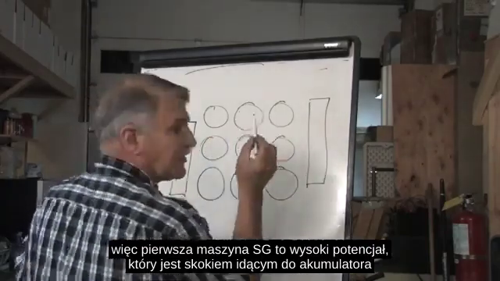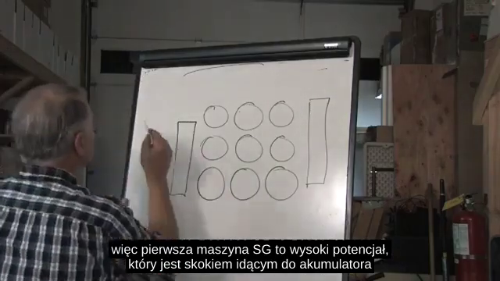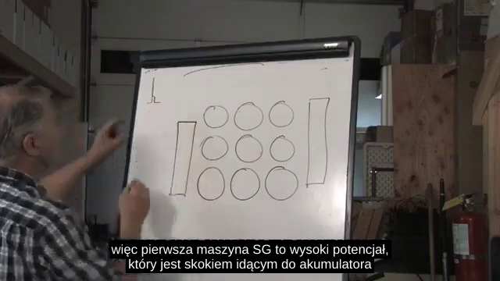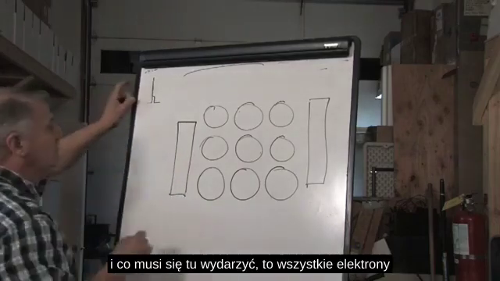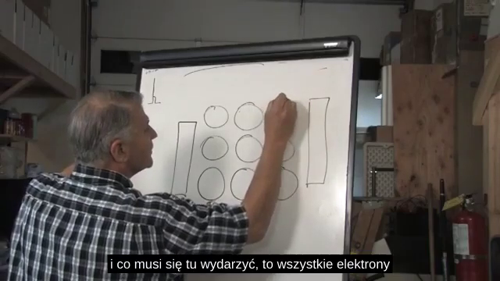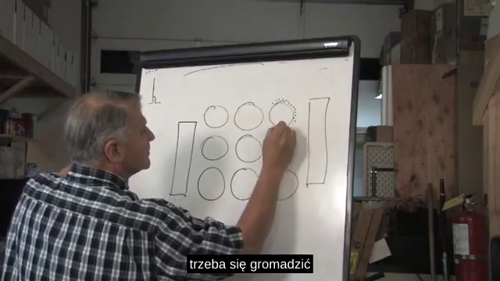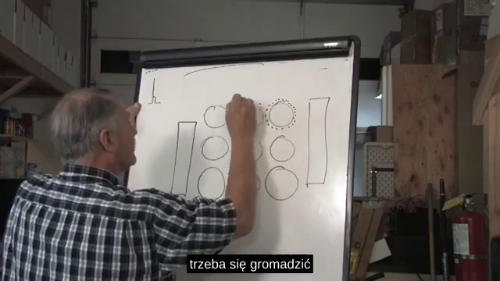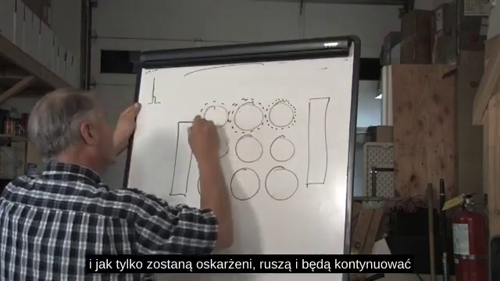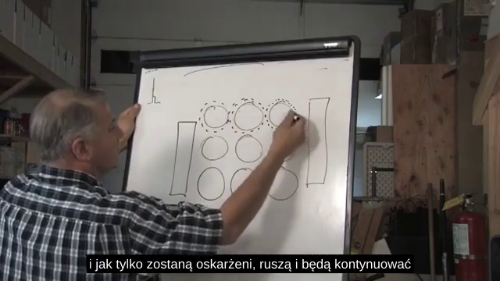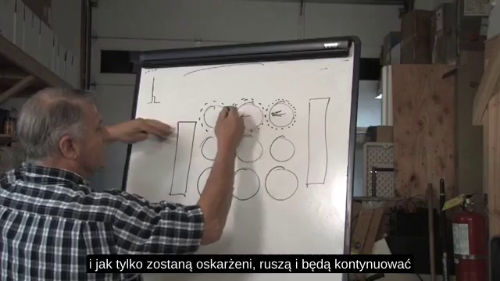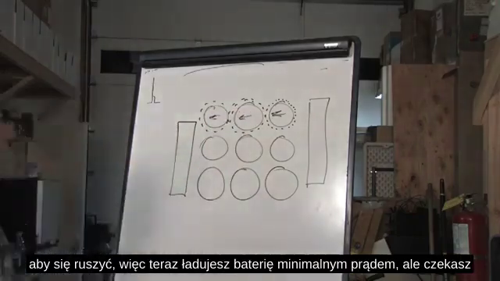So the first SG machine is a high potential, which is a spike going to the battery. And what has to happen here is all the electrons have to pile up. And as soon as they get the charge on them, they're going to move.